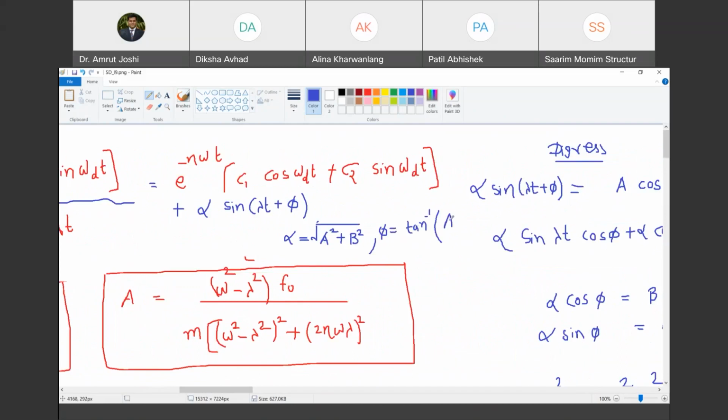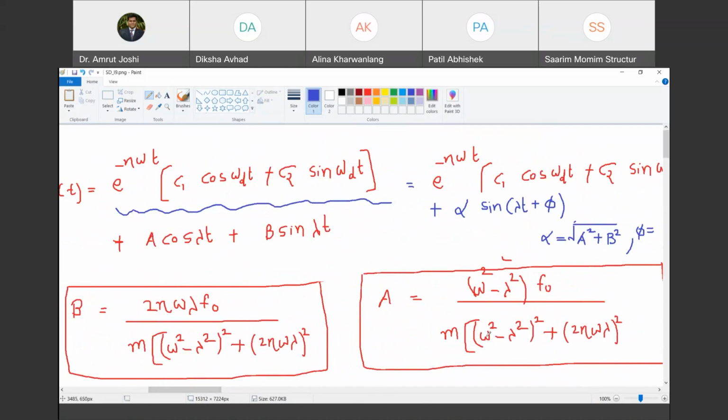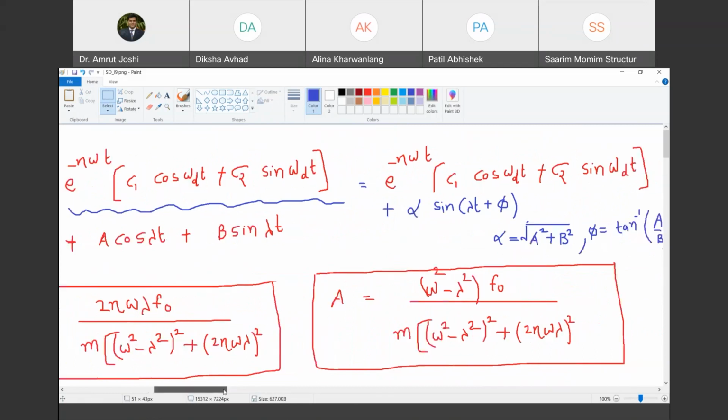a by b. देखो when you do tan inverse of a by b, इनका डिनोमिनेटर सेम होने के वजह से that ratio is very simple. It is omega square minus lambda square f0 upon 2 eta omega lambda f0. f0 also cancels out. So you have only omega square minus lambda square upon 2 eta omega lambda. That is the value of phi. Are you with me?